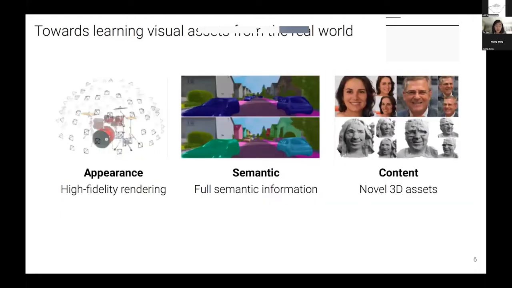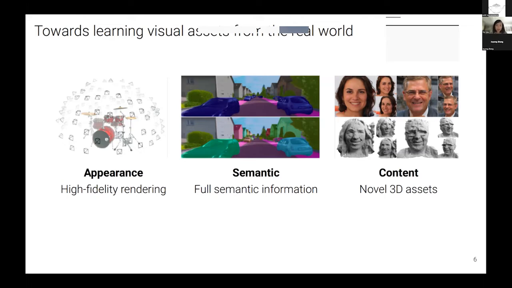In this talk, I will talk about three parts. The first part will be about novel view appearance synthesis, where the goal is to perform novel view synthesis of a single scene. Beyond that, we would like to incorporate semantic information into the scene such that it can mimic the simulator and provide dense semantic information.